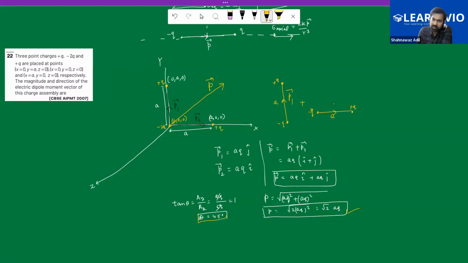This one is the direction, dipole, minus q.